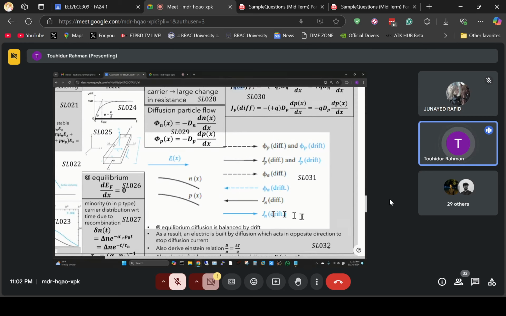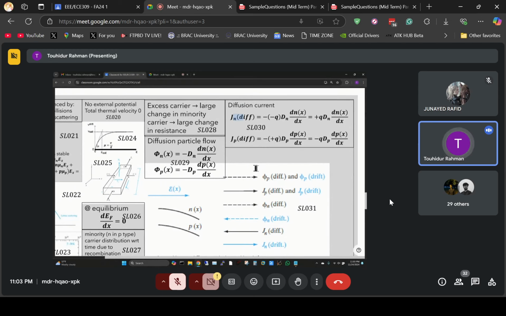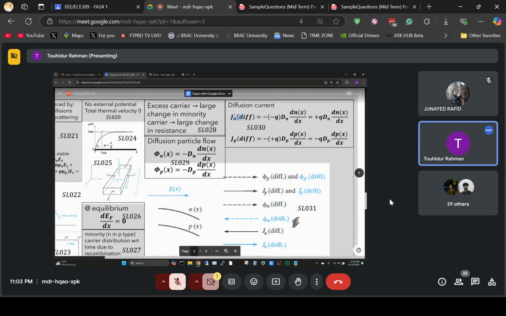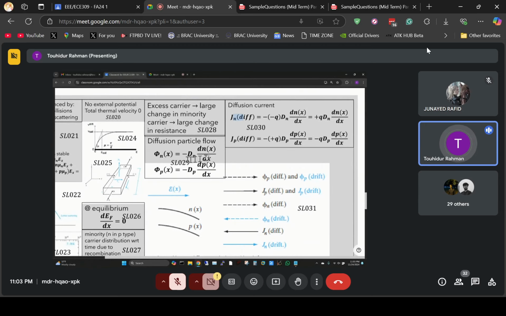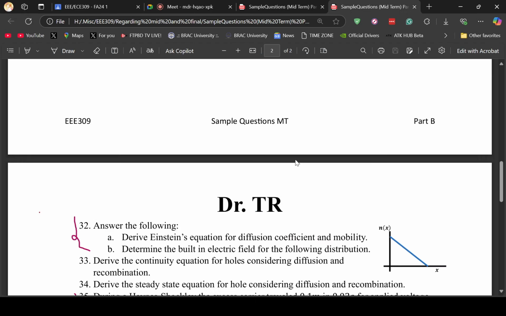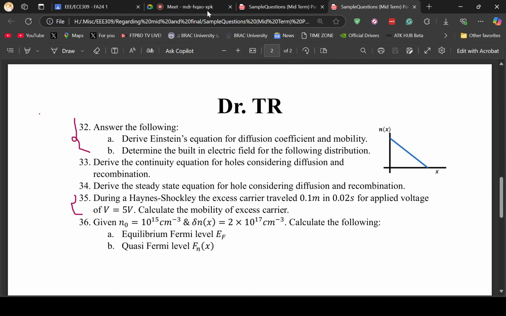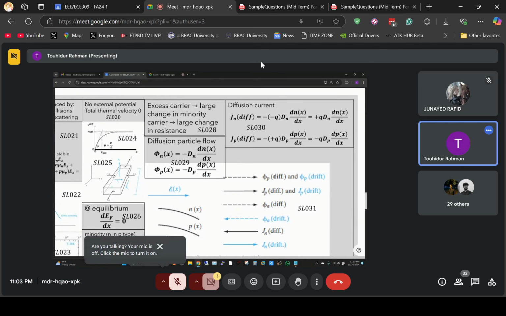So you have to apply these equations and the convention of current in order to find the exact direction, and all the equations are provided here. So phi n is for electrons, phi p is for the holes, and these are diffusion.